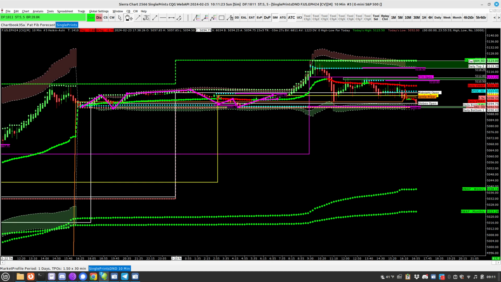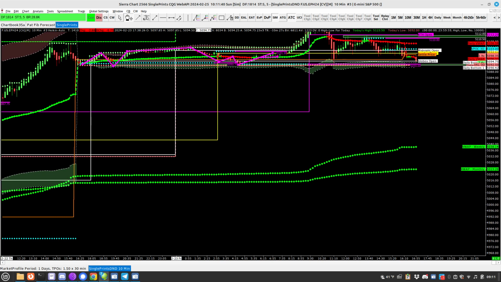And now they don't want to dump it at the end of Friday. They want to wait till Sunday night or Monday, maybe Globex on Monday, early Monday morning to start selling it. Okay, but that's what I would anticipate, and I would start taking targets off down here, 50.38, 50.23, and then watch that guy 49.77.50.